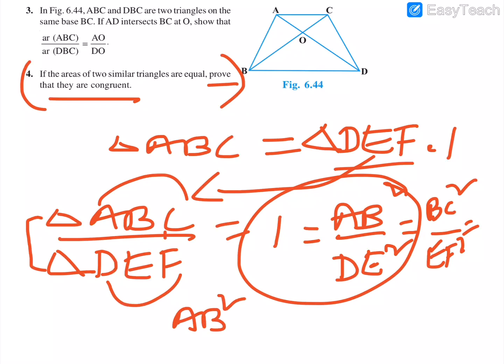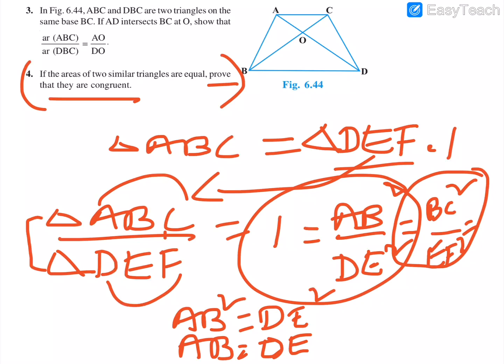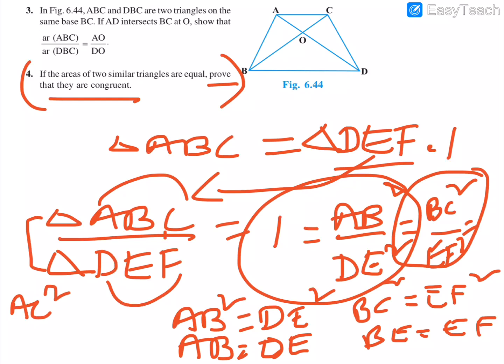So AB square is equal to DE square, that is AB is equal to DE. Similarly, BC square is equal to EF square, so BC is equal to EF. Similarly, AC square is equal to DF square, so AC is equal to DF.